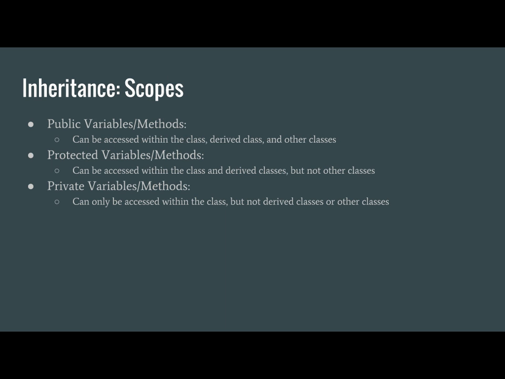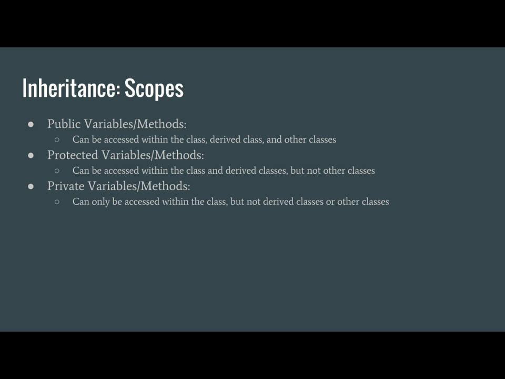We talked about inheritance gaining everything from the base class, but that does not mean the derived class can access everything from a base class. There are different modifiers such as public, protected, and private. For public variables or methods, any code within the project can access them.